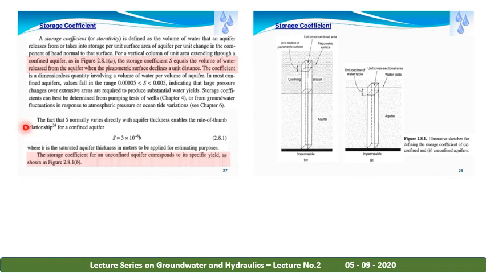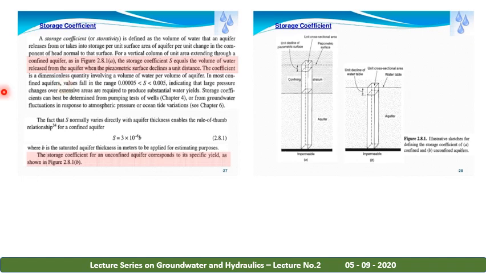Then another parameter we are supposed to understand is the storage coefficient. It is defined as the volume of water that an aquifer releases from or takes into storage per unit surface area of the aquifer per unit change in the component of head normal to the surface.